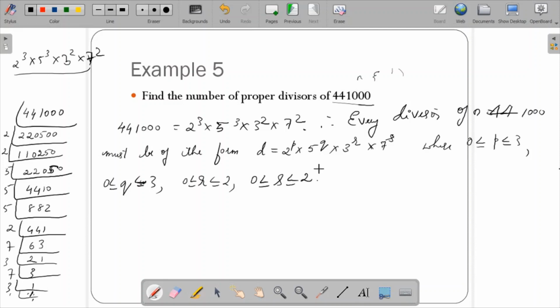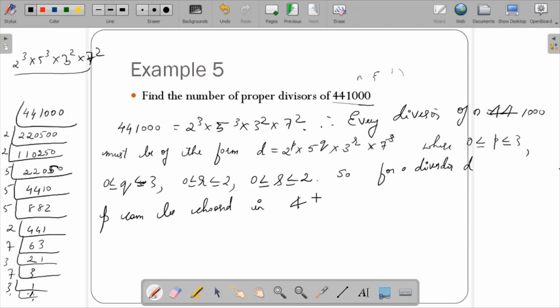So for a divisor D, p can be chosen in 4 ways, that is 0, 1, 2, 3.